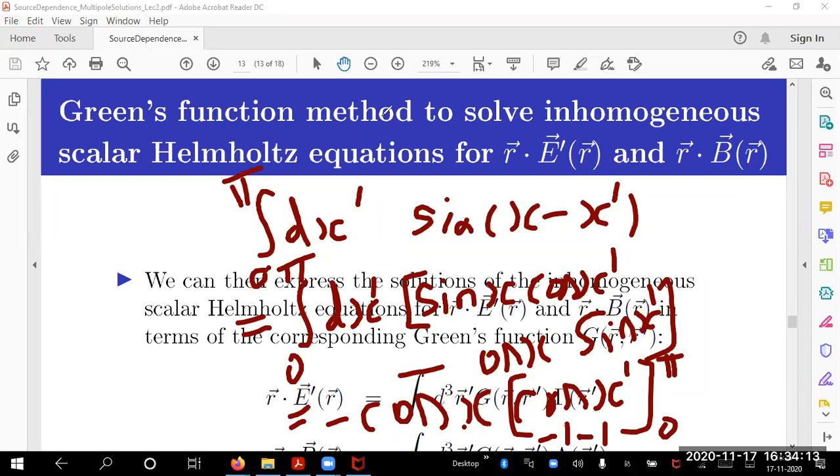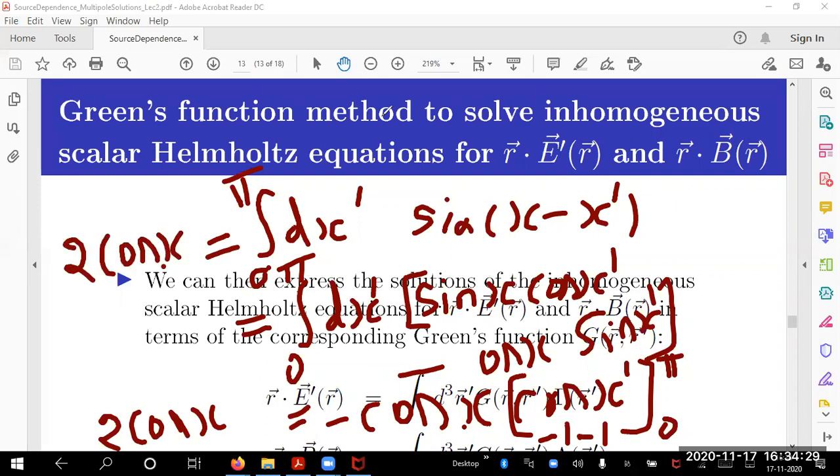Cos pi is -1, cos 0 is +1, so it is -2. With the minus sign in front, the result is 2 times cos x. Everything that you do in physics has mathematical equations.